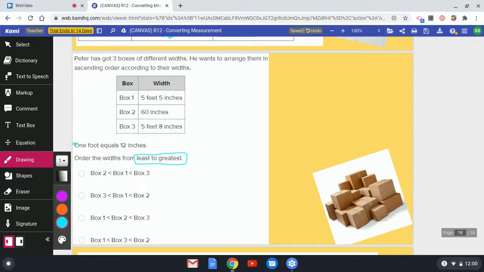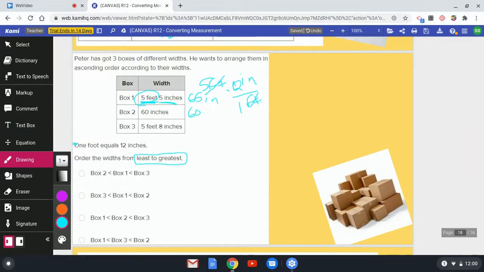Let's convert them all to inches, okay? So do we know how much 5 feet is? Well, 5 feet, and I want to know how many inches, right? 1 foot is 12 inches. So 5 times 12 is 60. That equals 60 plus 5 more. So 65 inches.